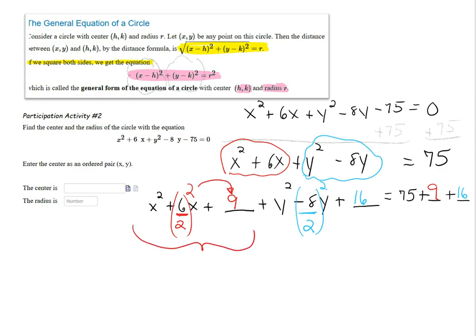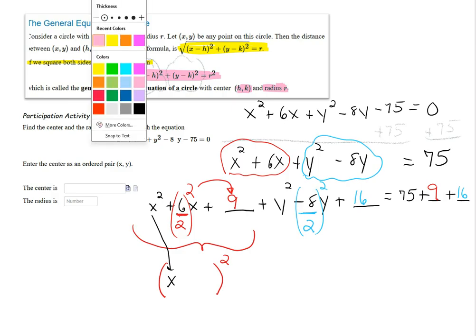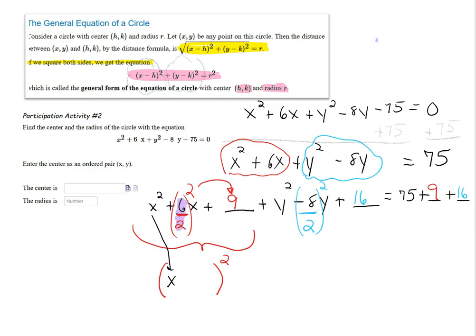So now, when you want to write this as a binomial squared, it starts with x squared, so you know it has to just be an x because x times x is x squared. But your middle term, whatever you got right here, 6 divided by 2, that's what's going to go right here. And it was a positive 3, so I'll just leave it as a plus. And then for all of the y's, that's a perfect square trinomial.